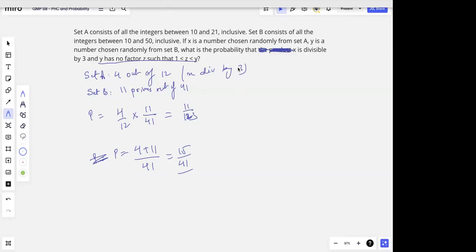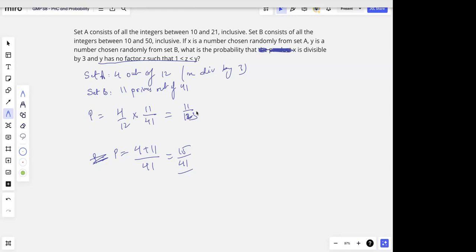So for condition 1, X is the number chosen randomly from set A. And Y is a number chosen randomly from set B. Adding, because from both the sets we have considered these 4 and 11 elements.